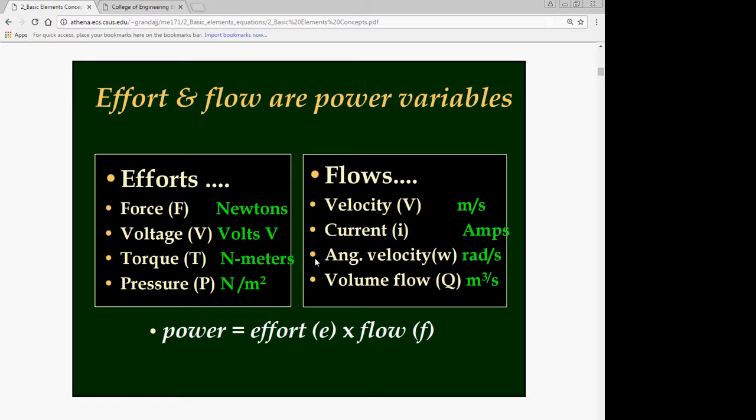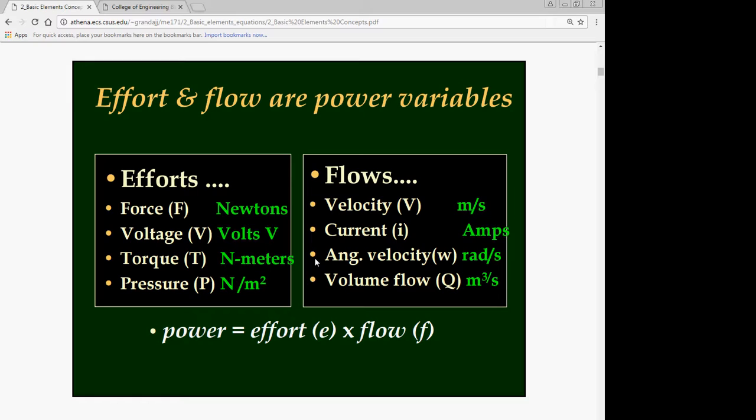You see on the left hand side we have the effort variables, and if we say effort or we use the letter E, we mean either force, voltage, torque, or pressure, depending on what system we're talking about.